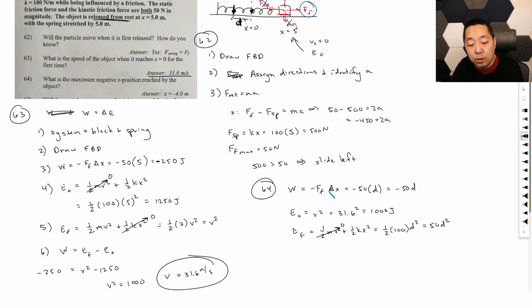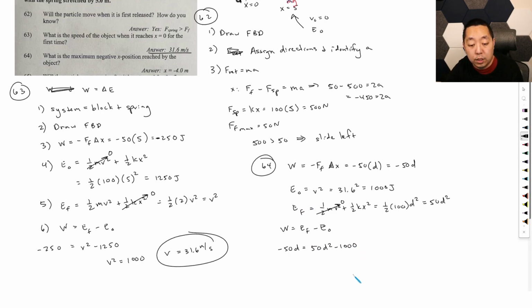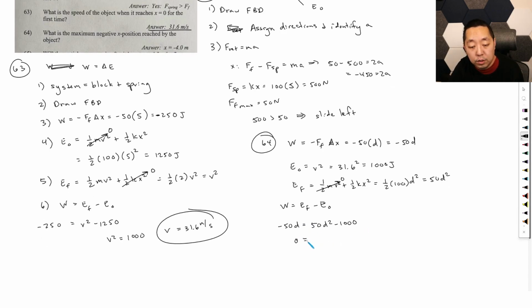And so then finally, we're going to use work is the change in energy. Right? So that's negative 50d equals 1,000. Sorry, final minus initial. What's the final? What's the initial? Final minus the initial. And then we're going to move this over. 0 is equal to... Now, this is quadratic in d.